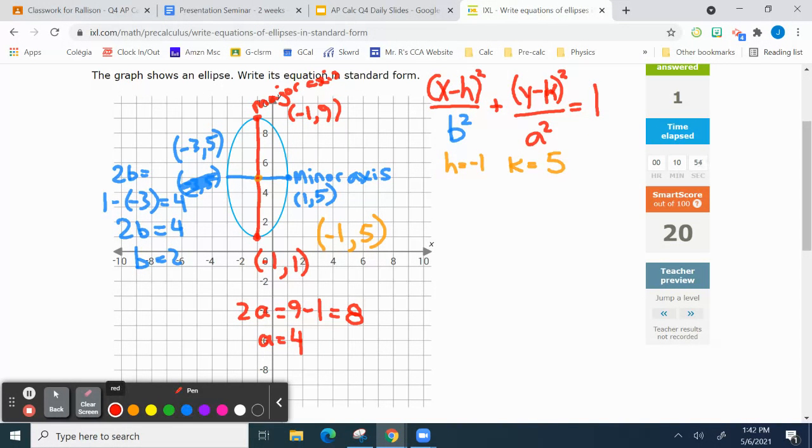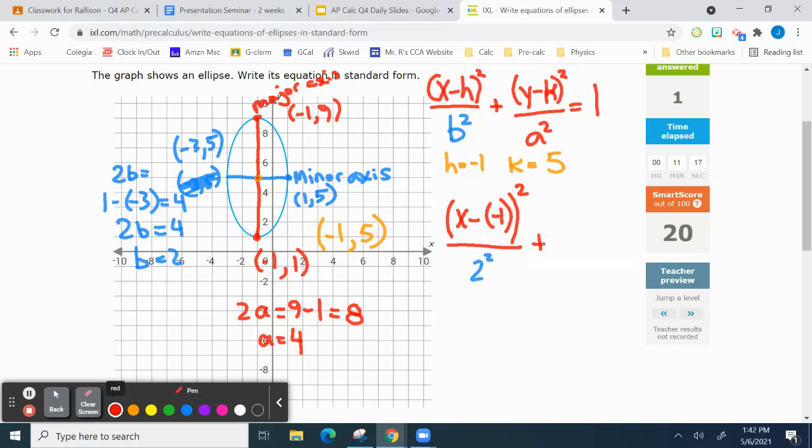So let's put it all in. So we have x minus, and I'm going to write it out like this, and then we'll simplify it. Minus -1 squared over, what's our b? Our b is 2 squared, right?